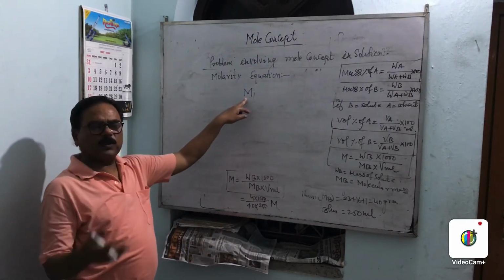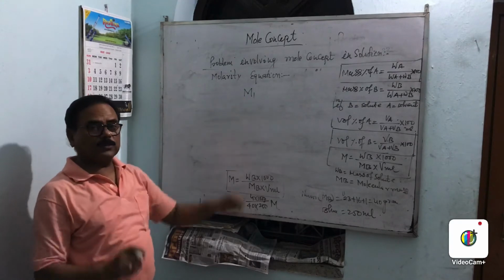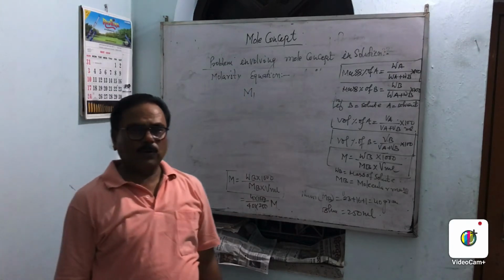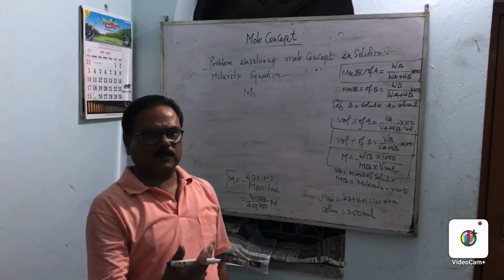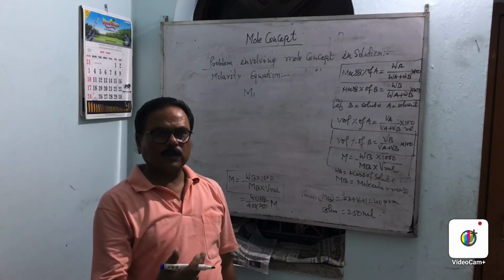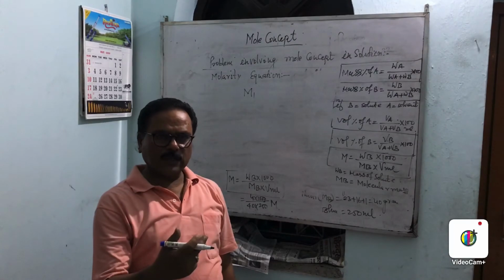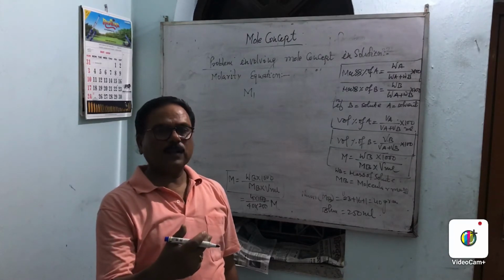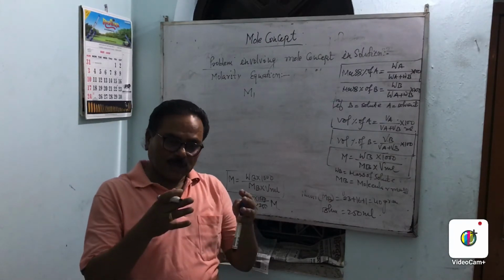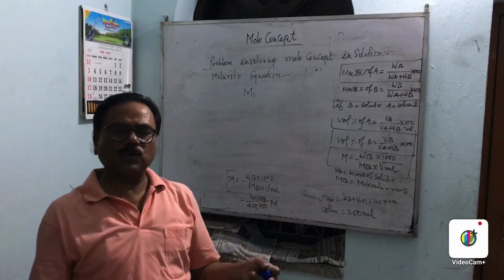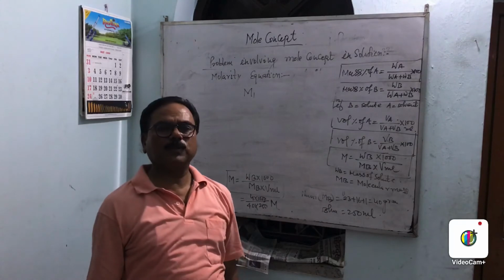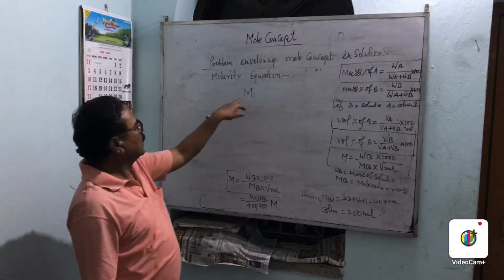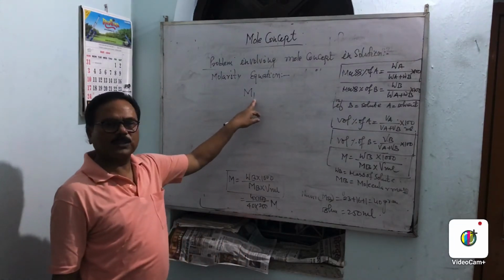If the molarity of one solution is known, now we have to prepare another solution whose molarity is known, and in how much volume we have to prepare it is also known. Then what amount of that solution is needed can be found with the help of this equation.